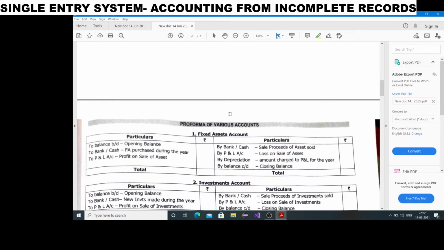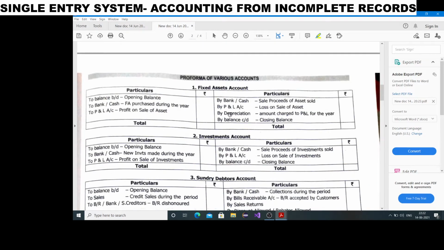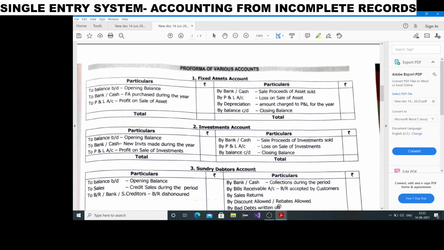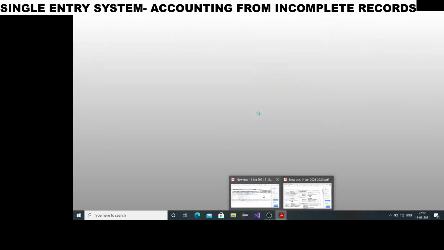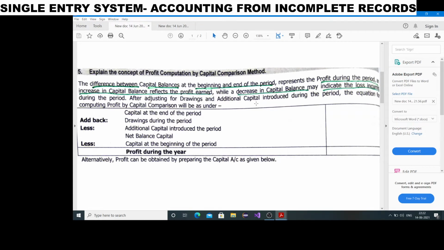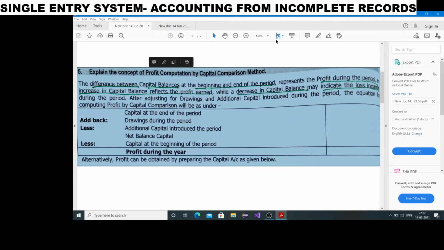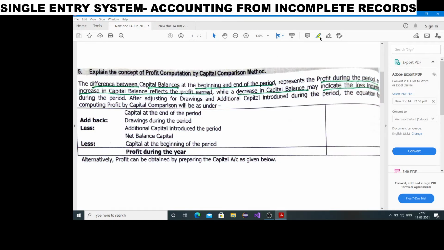Let's move ahead. So this is a proforma of various accounts, but before this I would like to explain something. We compute profit by the capital comparison method. So what is the capital comparison method?